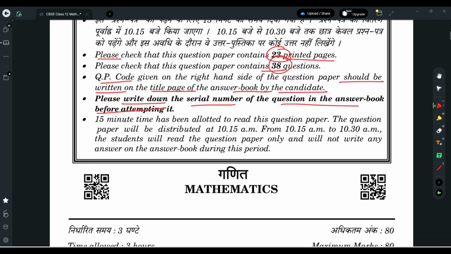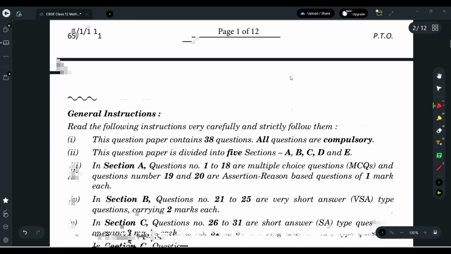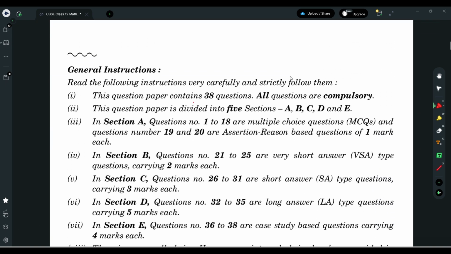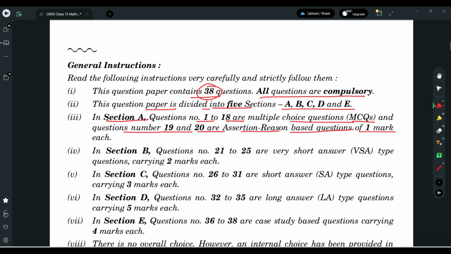Next, quickly go through the instructions. This question paper contains 38 questions. All questions are compulsory. This question paper is divided into 5 sections A, B, C, D, E. In section A, question number 1 to 18 are multiple choice questions, MCQs, and question number 19 and 20 are assertion reason based questions of 1 mark each.